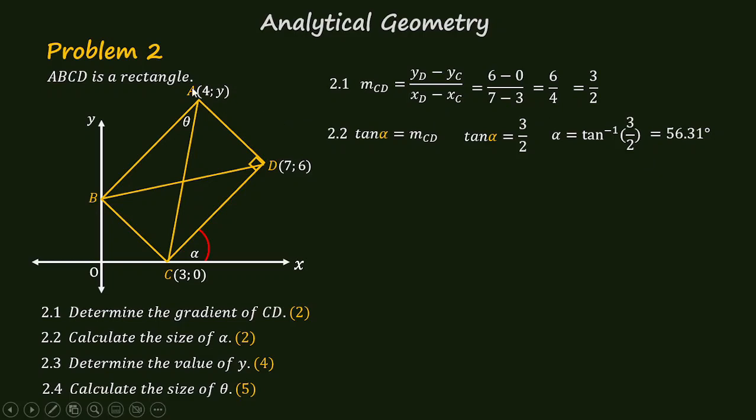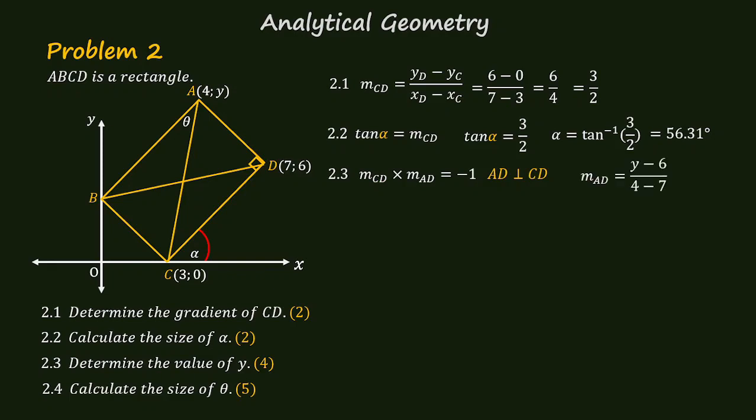I know that the line AD is perpendicular to the line CD because this angle is 90 degrees. This is a rectangle, by the way. So the gradient of AD multiplied by the gradient of CD should give me -1. By using that approach, I can find the value of y.